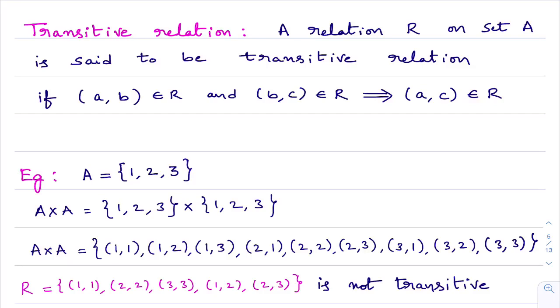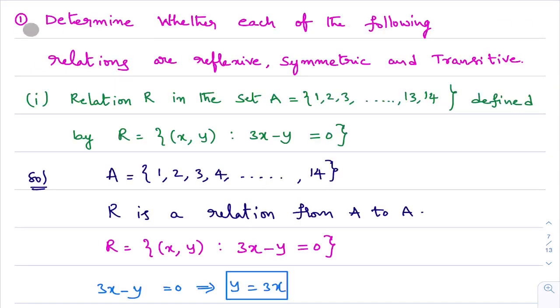Now, we will start exercise problems, first exercise problems in Relations and Functions. This is the first question in this first exercise. In this first question, like this, total 9 bits are there. So, if you understand all these 9 bits, it means that you understand reflexive, symmetric, transitive properties. To explain these 9 bits, it takes 2 classes. In this class, I am going to do 4 bits only.